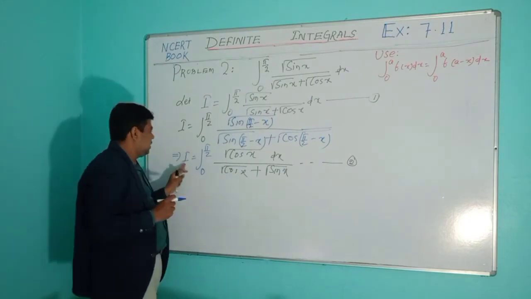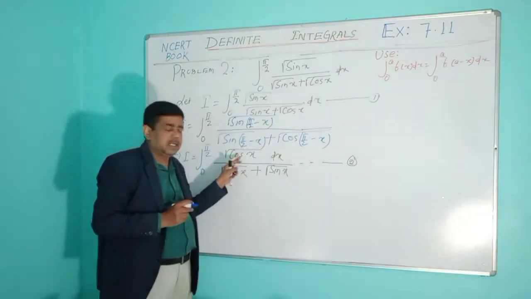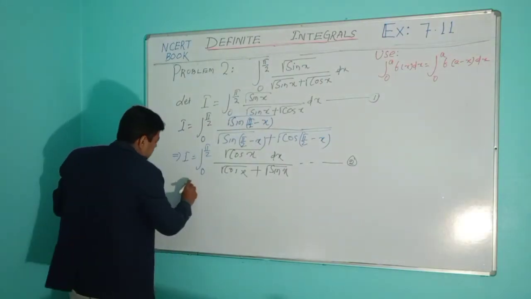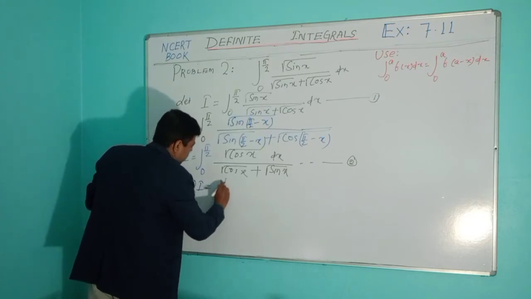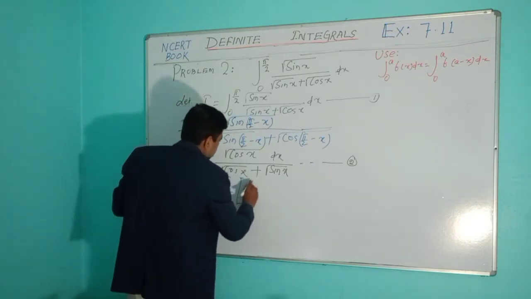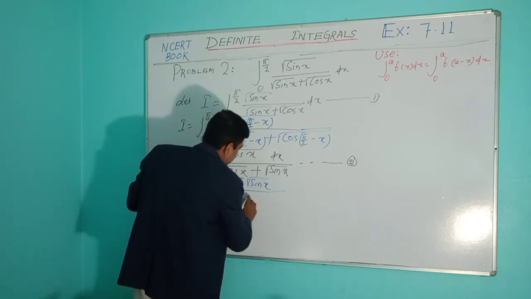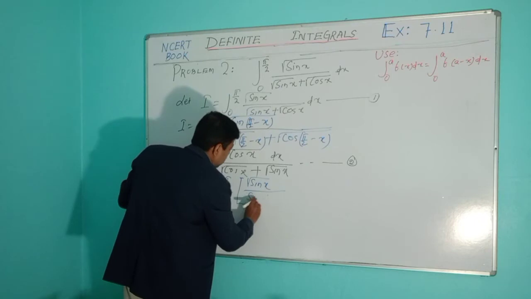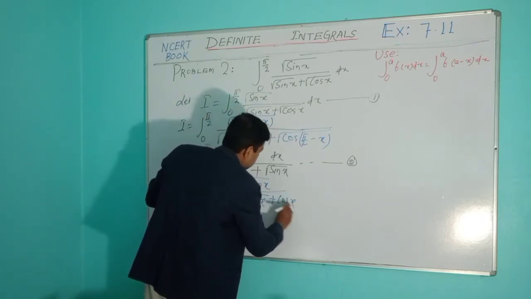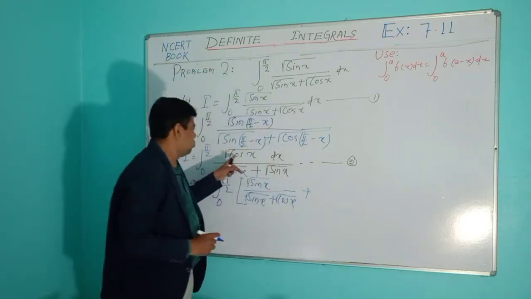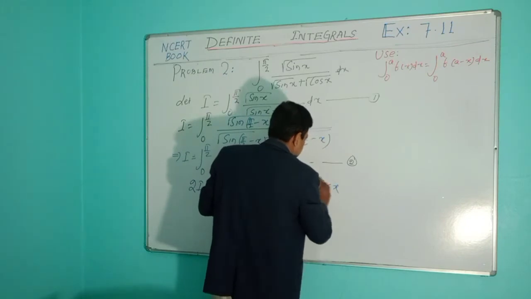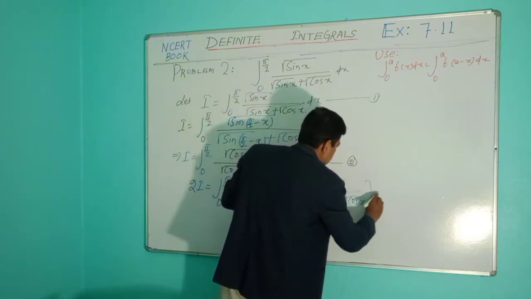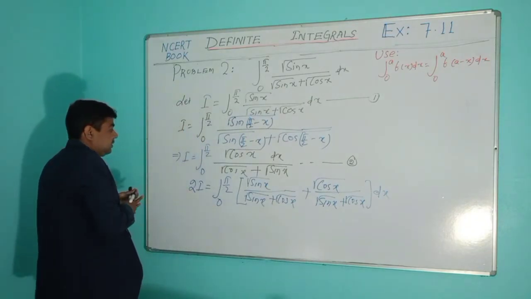Equation 2 is I equal to the integration of 0 to pi by 2 of root cos x divided by root cos x plus root sin x dx. On adding, I plus I will be 2I, equal to the integration of 0 to pi by 2 of root sin x divided by root sin x plus root cos x, plus root cos x divided by root sin x plus root cos x, dx. Is it clear?